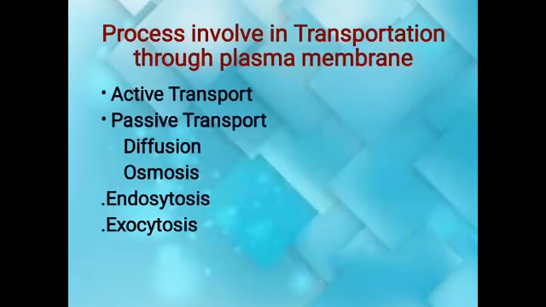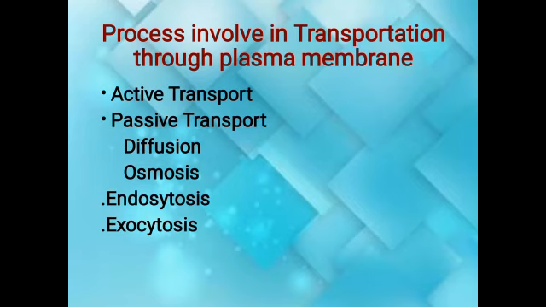For transportation through plasma membrane, there are two main processes involved. These are passive transport, in which osmosis and diffusion take place, and active transport. And there are other two phenomena. These are endocytosis and exocytosis.